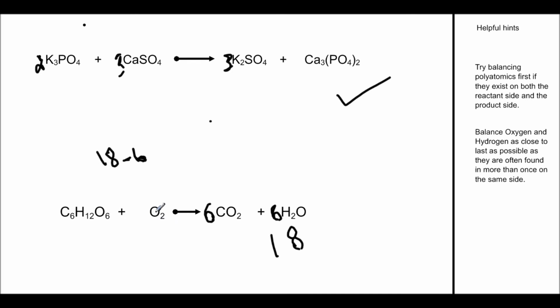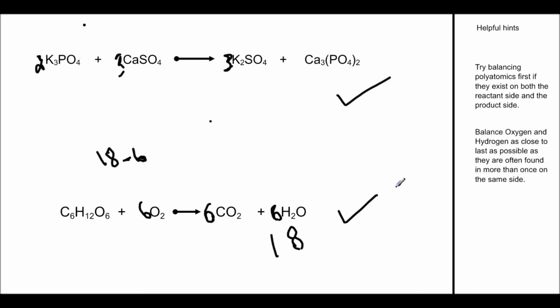And because I have 2 here, I only need to put what's going to give me 12 out of this 2. So I'm actually going to put a 6 here, and that gives me 12 here. So I now have 6 and 12, which is a total of 18, and 18 oxygen here. This is a balanced equation.